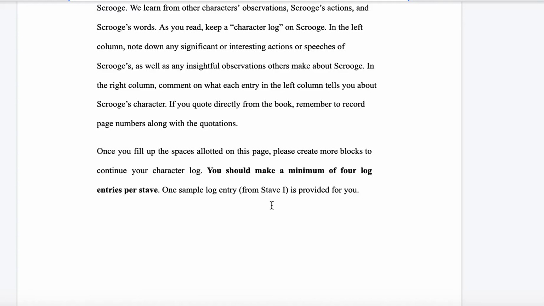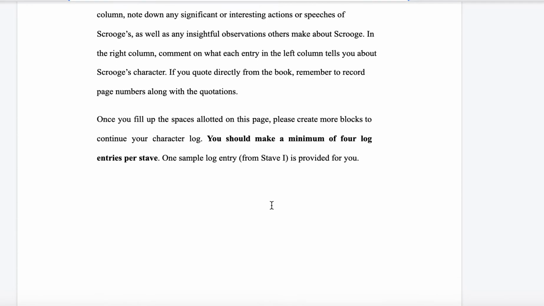So you're going to keep a character log on Scrooge, Ebenezer Scrooge, and I am expecting you to have entries for each of the 5 staves. Now, you should have a minimum of 4 log entries per stave.